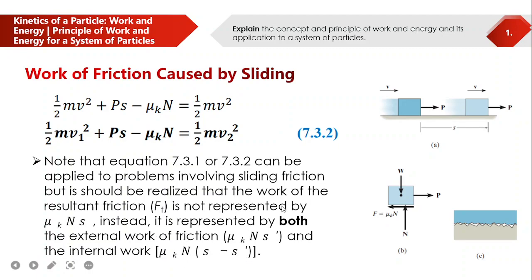Okay? Always take note na dapat kung mag-involve tayo ng sliding friction, it should be realized that the work of the friction force or the resultant friction is not represented by ito lang. Instead, it is represented by both an external work tsaka internal work. Okay? So that will be mu sub k N s prime, and eto, internal work mo na mu sub k N times s minus s prime. I know you're confused, but you can elaborate that in our example.